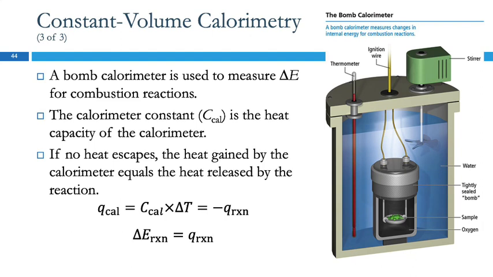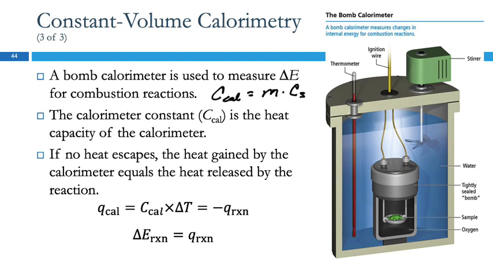So we're going to use a calorimeter constant. The calorimeter constant, essentially, is the mass of the calorimeter times its specific heat capacity. The mass of the calorimeter is not going to change. The specific heat capacity is not going to change.